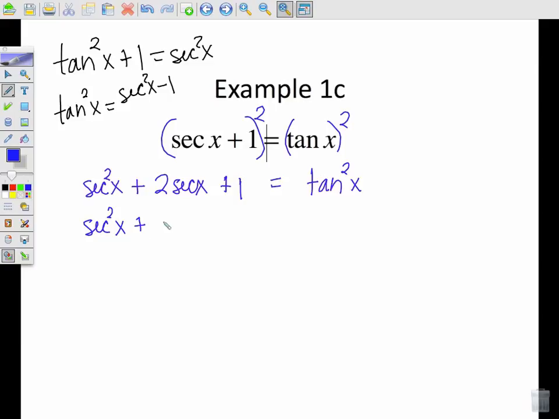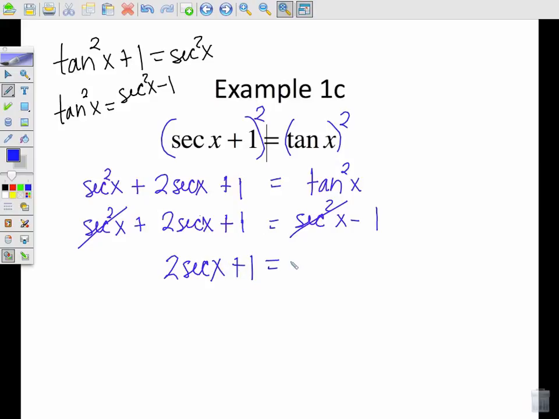Now tangent squared x can be substituted as secant squared x minus 1. Now everything's written in terms of secants. Secant squared on both sides, you can cross them out. So we're left with 2 secant x plus 1 equals negative 1.